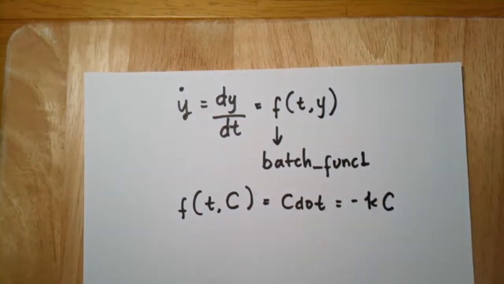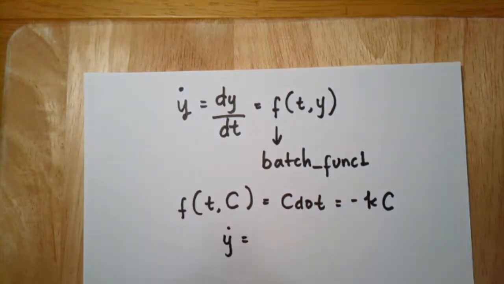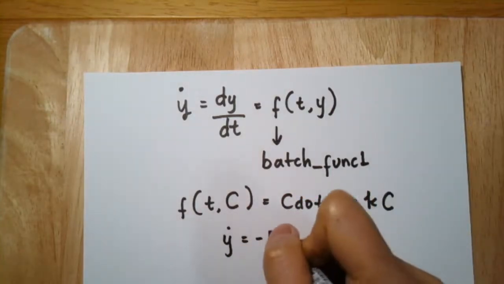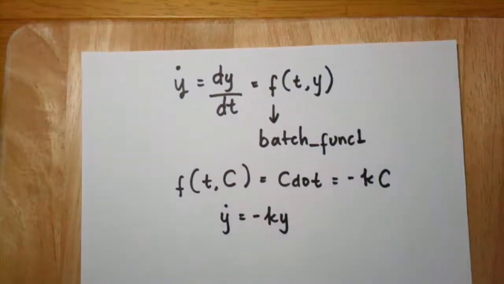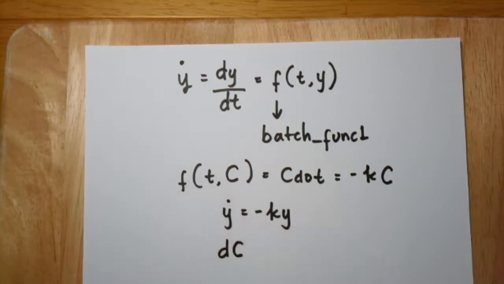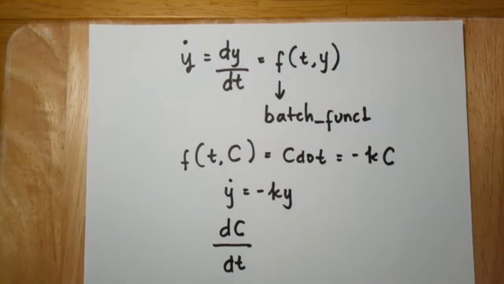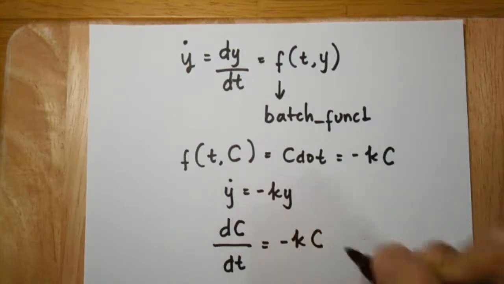The equation ODE45 solved was y dot equal to negative ky, or, using our dependent variable, dc over dt equal to negative kc, which is the equation we needed to solve for this problem.